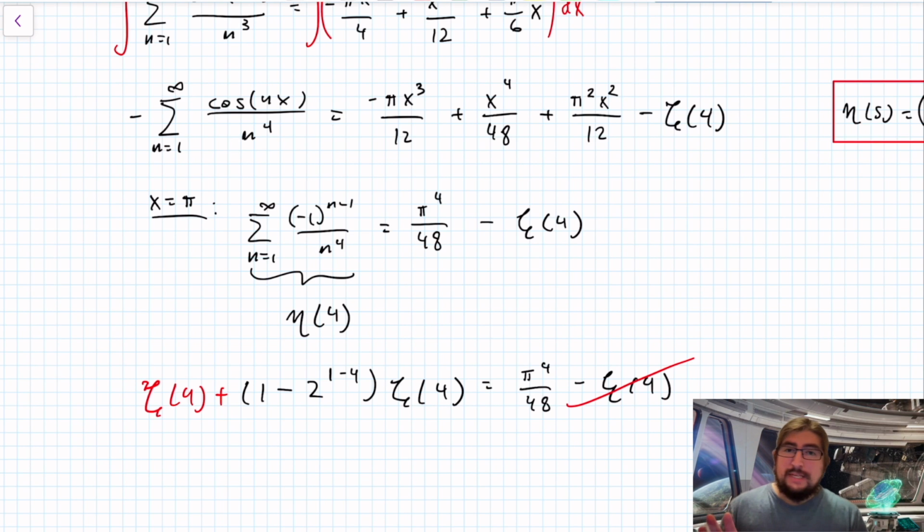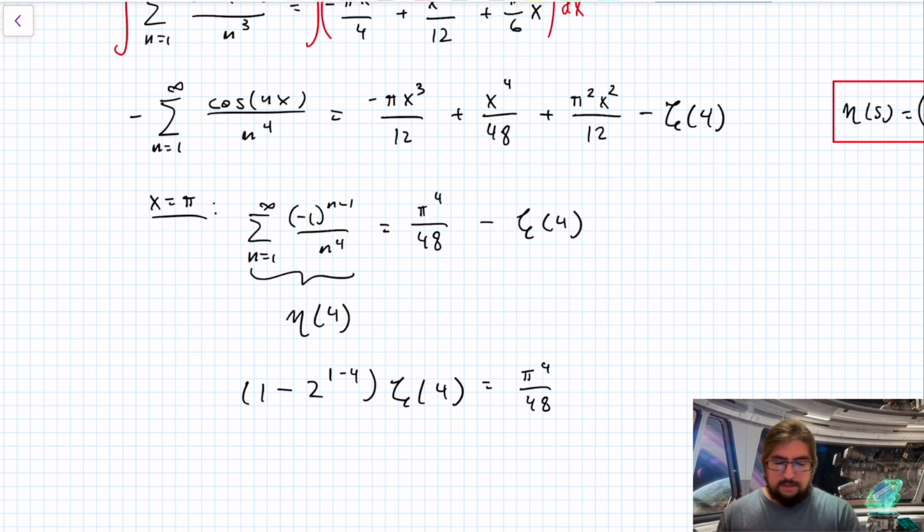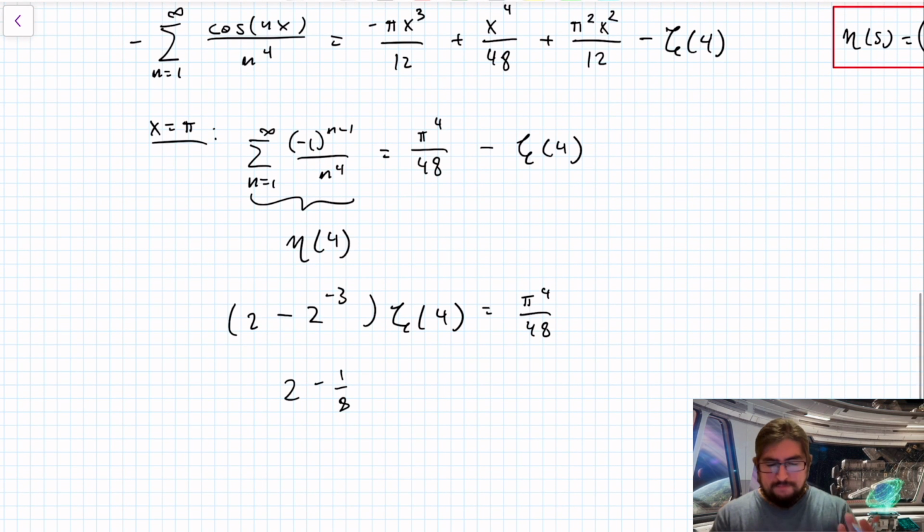But because we're adding zeta of 4, we can factor it out, and what ends up happening is you add a 1 in the parentheses. So that 1 will change to a 2, in fact. That's a nice way of seeing this. And of course, 1 minus 4 is -3, so that's 1 over 8. 2 minus 1 over 8. You can think of 2 as being 16 over 8. 16 over 8 minus 1 over 8 is 15 over 8.